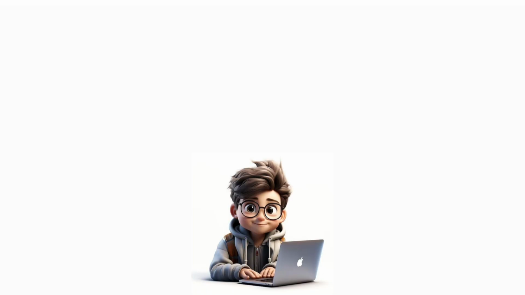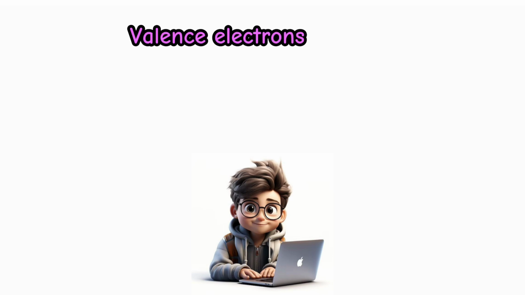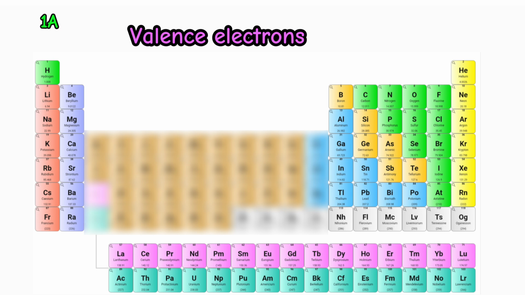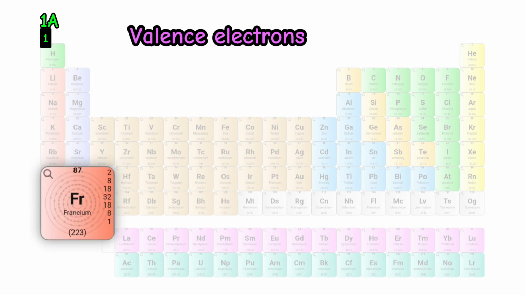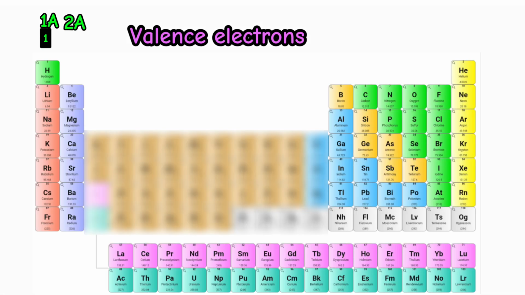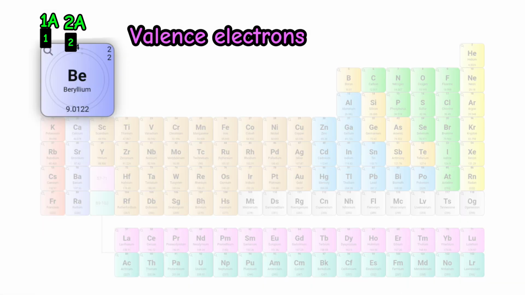The periodic table is very useful for remembering valence electrons according to positions of elements in the table. The group 1A elements have 1 valence electron. Group 2A elements have 2 valence electrons.